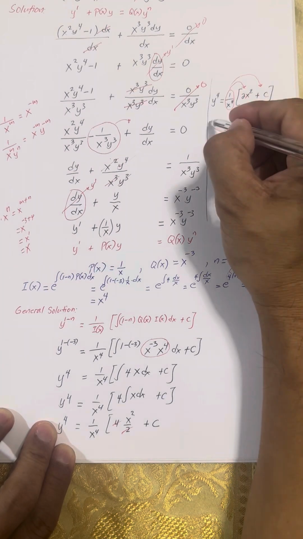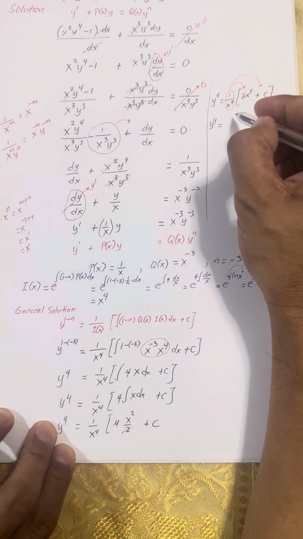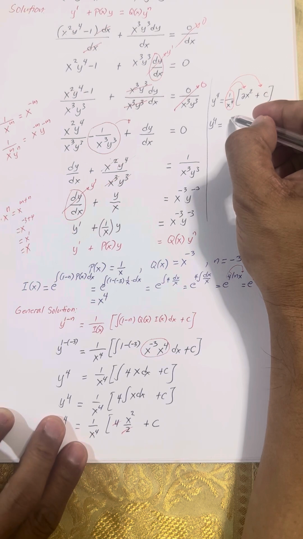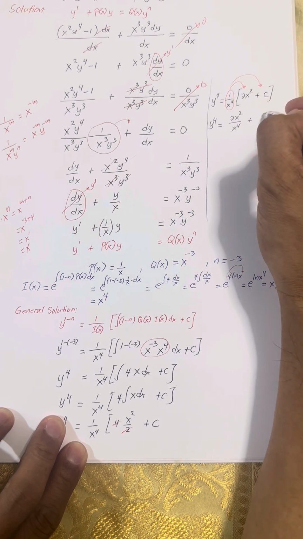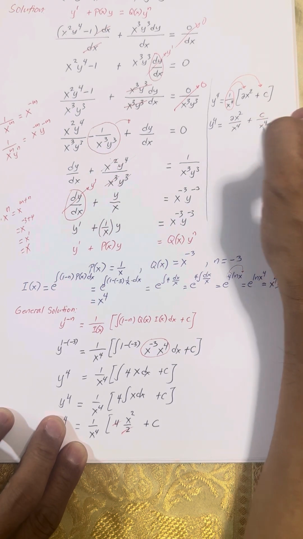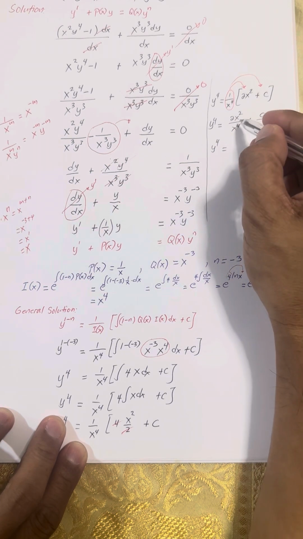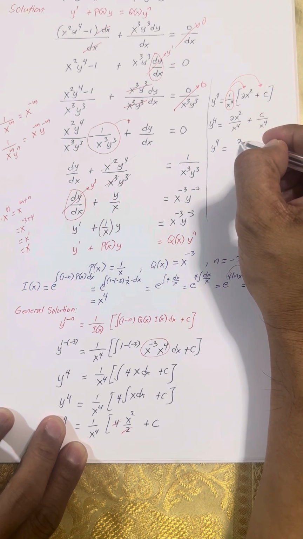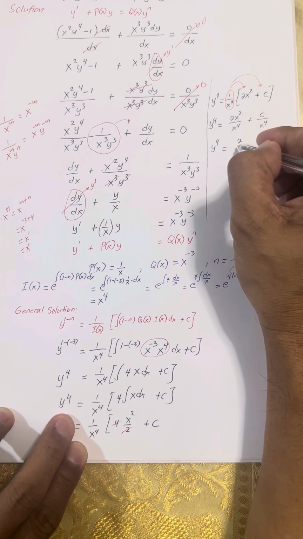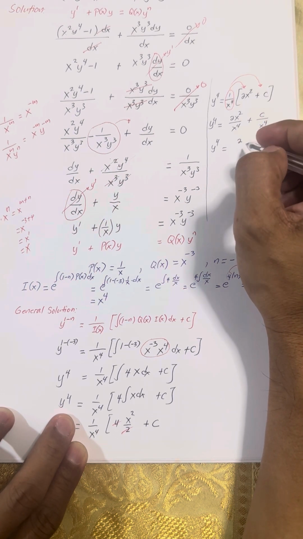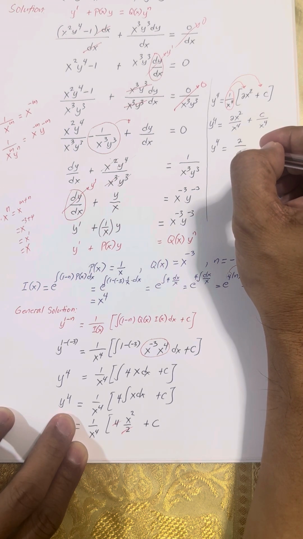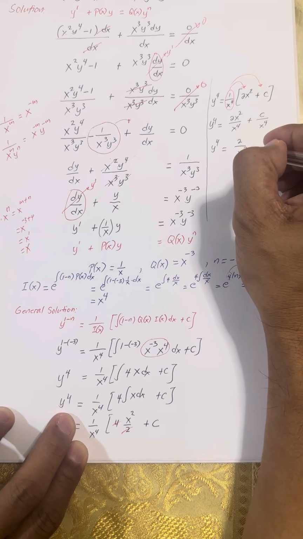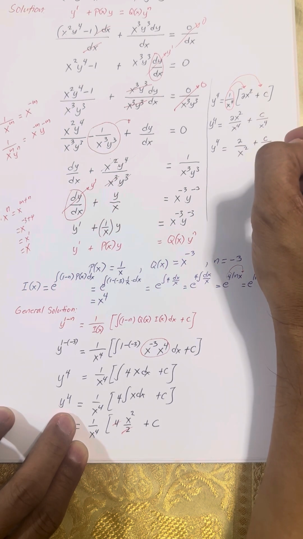So we have y to the power minus 2 equal to, this becomes x squared over x to the power 4 plus c over x to the power 4. y to the minus 2 equal to, this becomes 1 over x squared plus c over x to the 4th.